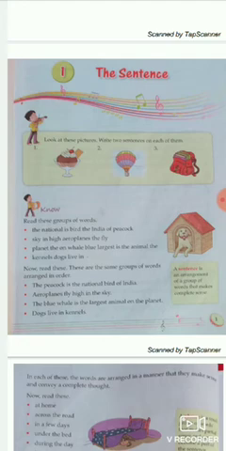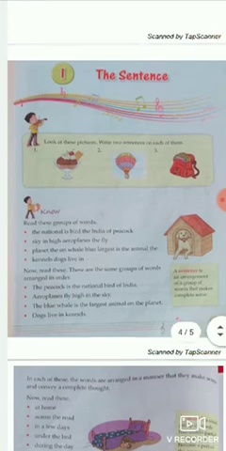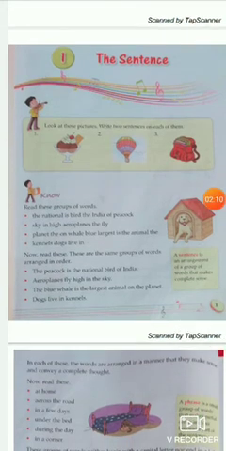A, B, C, D, E, F, G, H, I, J, K, L, M, N, O, P, Q, R, S, T, U, V, W, X, Y, Z. Okay, so students, these are alphabet. We can say that a group of letters is called alphabet, that is A to Z.